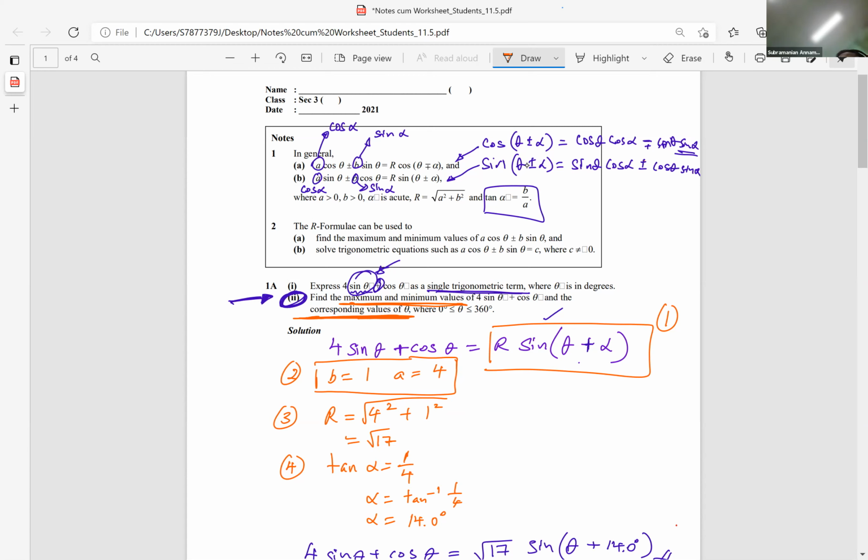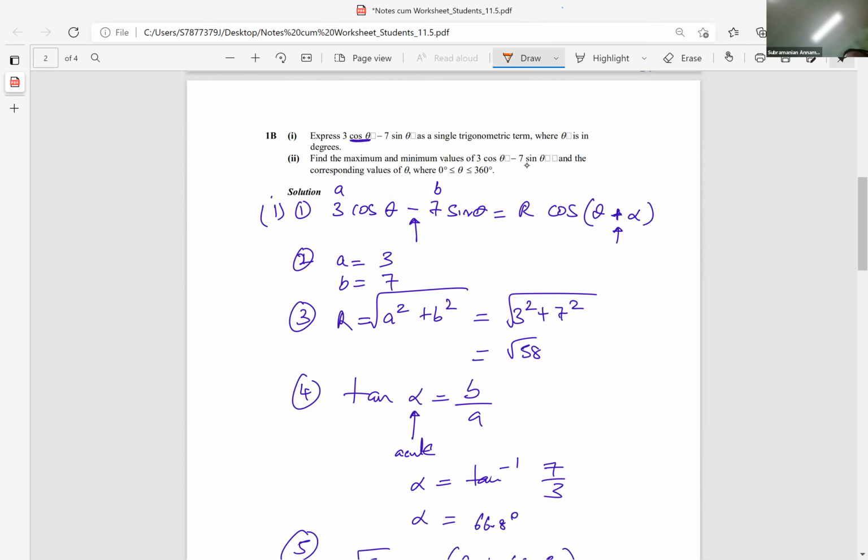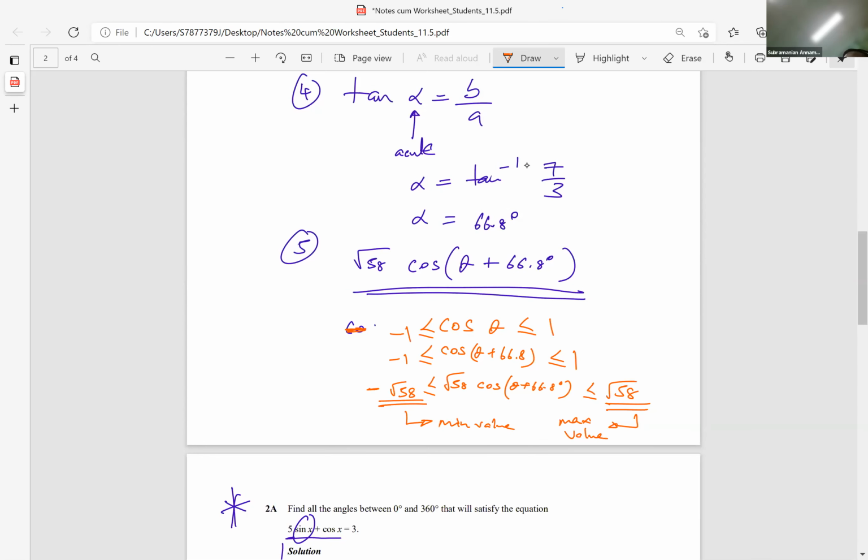But I think this is good enough for today. Just go and practice. There are a few more examples in your textbook. Please run through the examples. What are the examples that you can look at? Guys, I need your help.